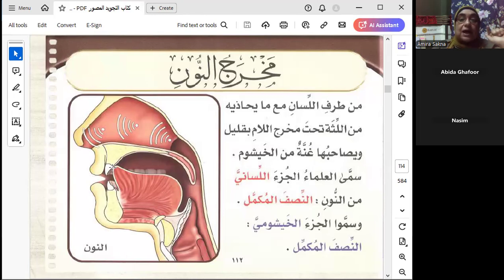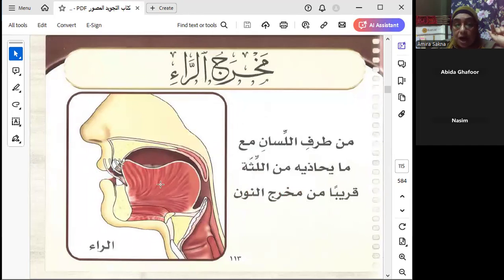You remember? And Ra is also the tip of the tongue, but with the alveolar ridge behind the articulation point of Noon. So pronounce the Ra behind: ar, ar, ar.